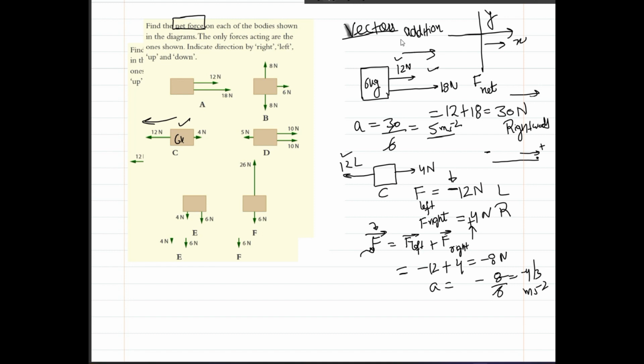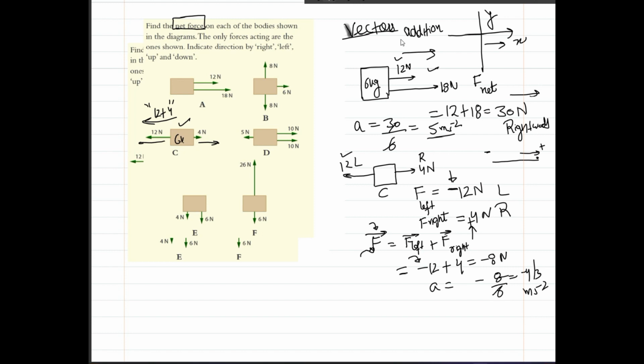This is one leftward, one rightward, and you're using vector algebra. Okay, vectors don't get added like numbers. You don't write the answer to this as 12 plus 4. These are not just numbers. You have to see the direction, leftwards and rightwards, opposite to each other, and therefore this minus sign. Let's move to the next one.